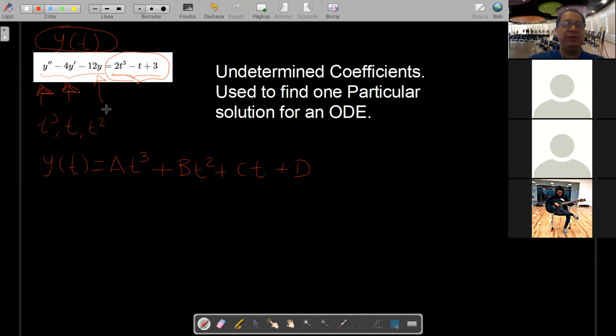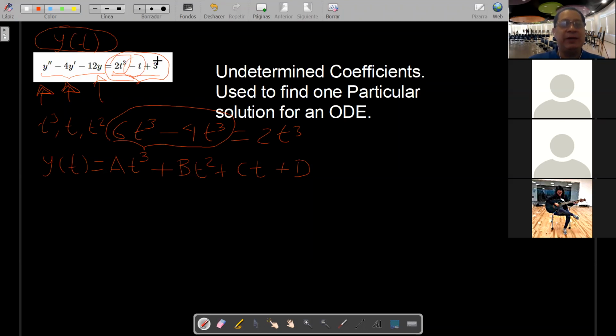And what do you need to have on the left side in order to have some term like this? I can imagine something like 6t cubed minus 4 times t cubed. That will give me 2 times t cubed. So on the left side, I need some terms with t to the 3.